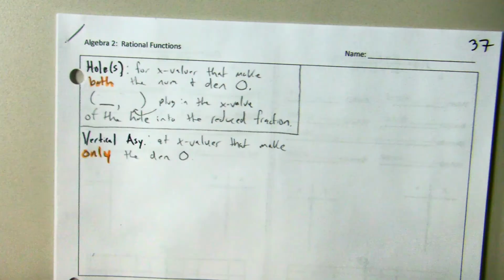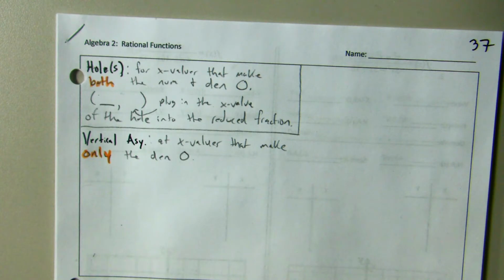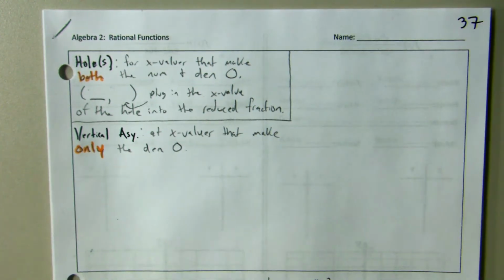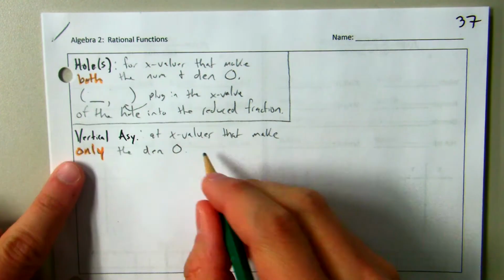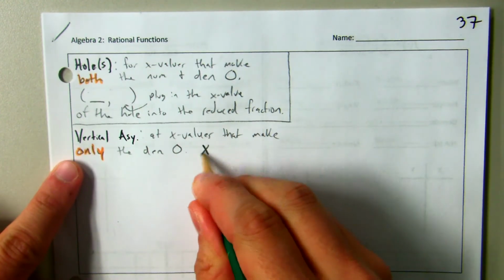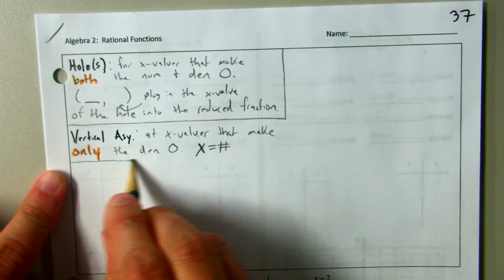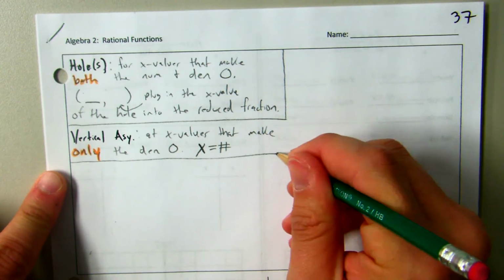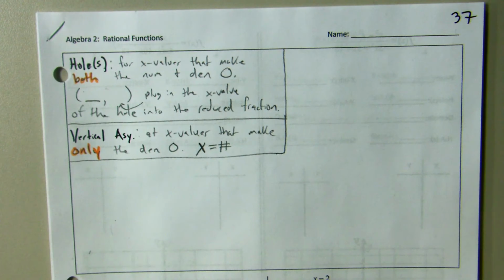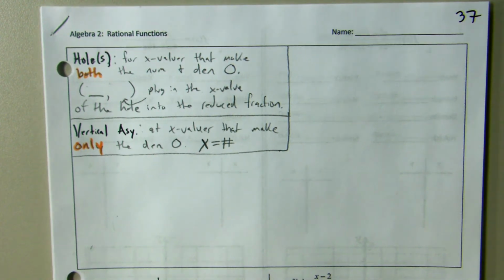Keyword only, because if it also made the numerator 0, it's no longer a vertical asymptote, it's a hole. You can't be doing more than one thing at a time. And these are vertical lines, so our answers for these always need to be a vertical equation. X equals some number. The number will change based on what function you want it to go to.